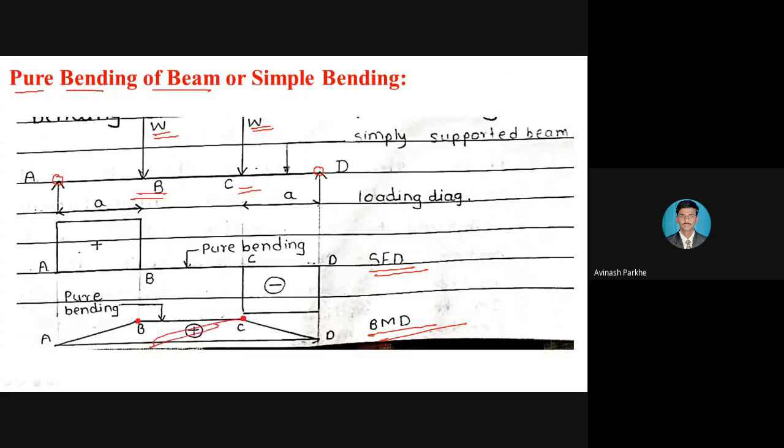In portion B to C, your bending moment is constant. Only focus on the BMD, don't focus on the SFD. In portion BC, your bending moment is constant.